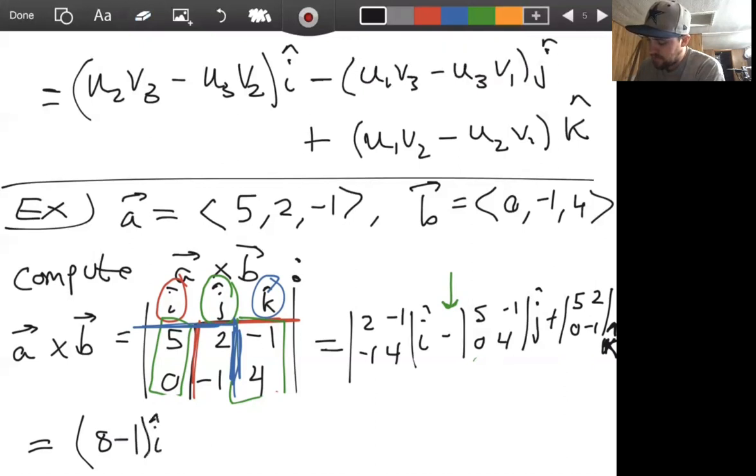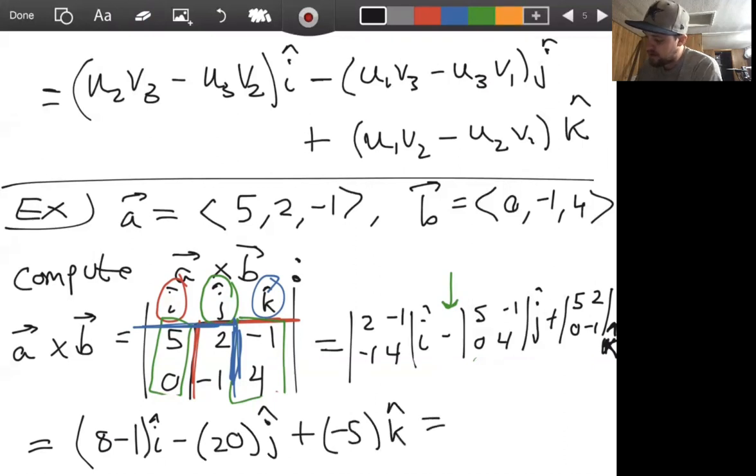I hat, and then minus, looks like we'll have 20. We'll have 20 minus 0, so minus 20 j hat. And then for k hat, it looks like we'll have negative 5 minus 0, so negative 5 k hat. And so our cross product, A cross B, is then the vector 7, negative 20, negative 5.